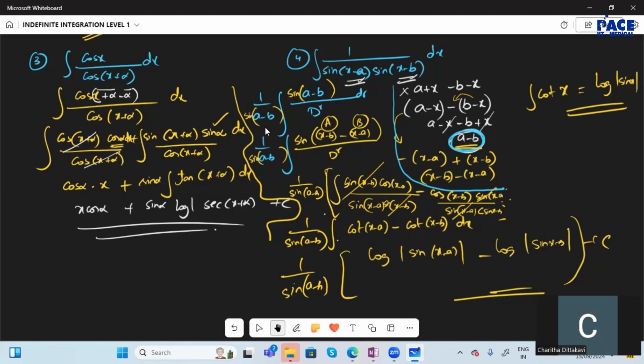So multiply and divide by sine A minus B. And that sine A minus B, obviously that A minus B is replaced with x minus B minus x minus A. Now this x minus B is your complete A, x minus A is your B. So hence sine A minus B forms sine A cos B minus cos A sine B. With your denominator terms get cancelled, you're left with cot x minus A and cot x minus B. Right? So now it is just an integration of cot x that you can do, and you end up with your answer there. That's it.